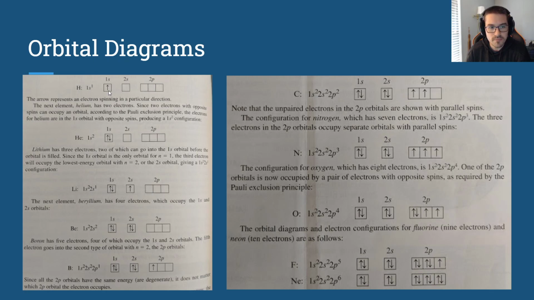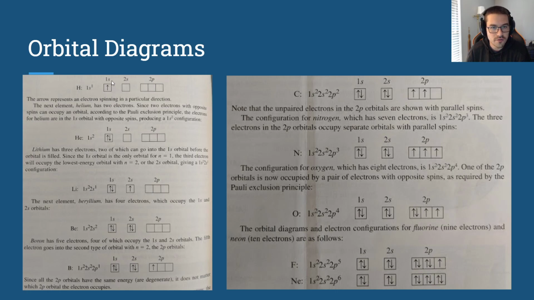Orbital diagrams have these boxes. Each box represents an orbital, and it's a little bit different than the written version in that you express a few different things. For example, each electron is represented by an arrow.